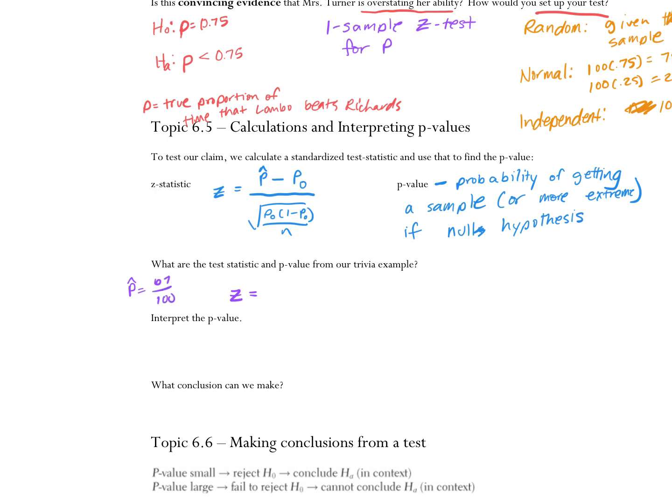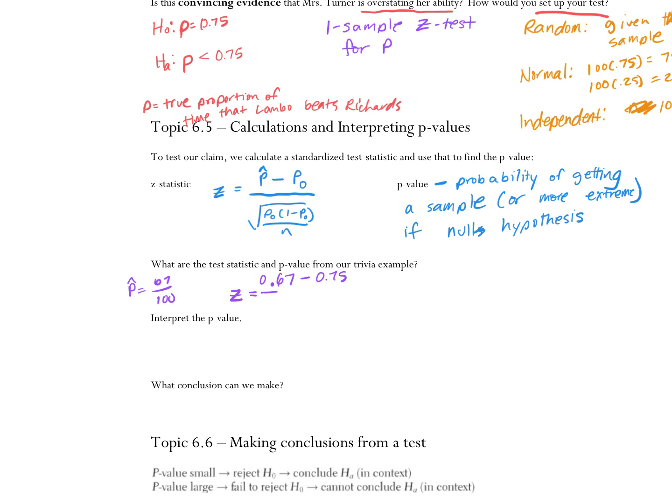All right, so my z statistic will be 0.67 minus my parameter, whatever I'm hypothesizing about p, which is 0.75, the p from the null hypothesis.